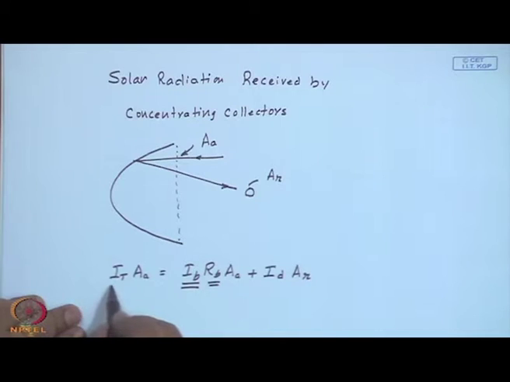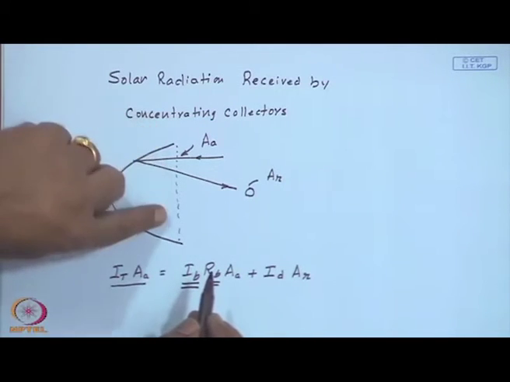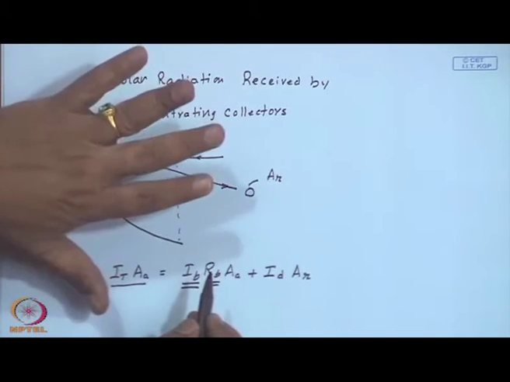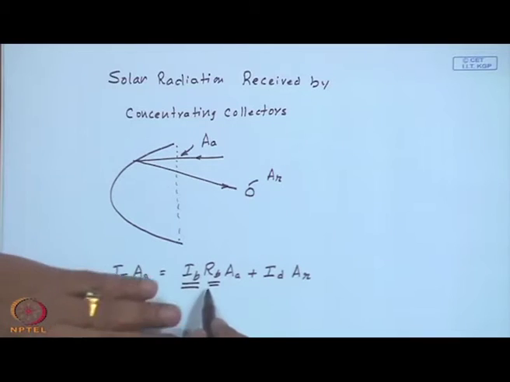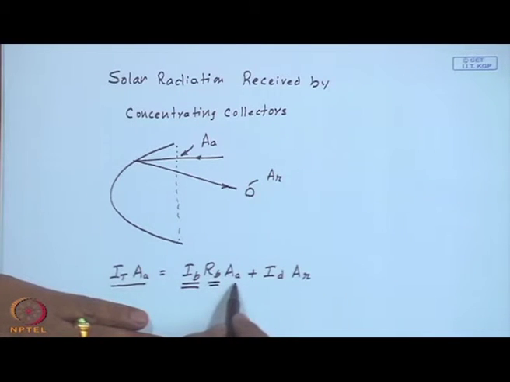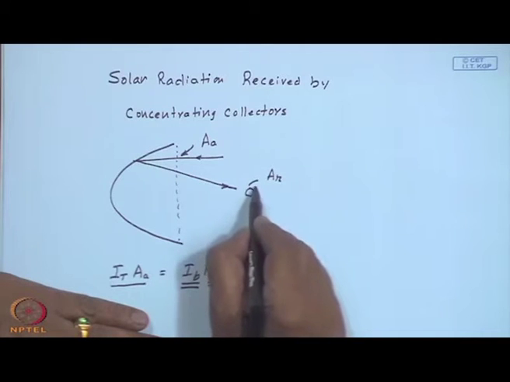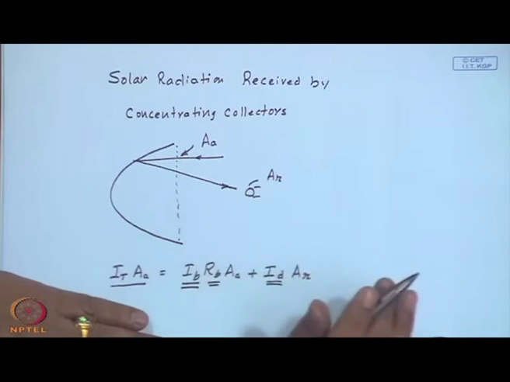So, this is the total amount of solar radiation received by the aperture, which gets reflected according to some optical efficiency. That should be equal to whatever is the beam radiation received plus whatever is the diffuse radiation directly received over the projected area of the receiver.